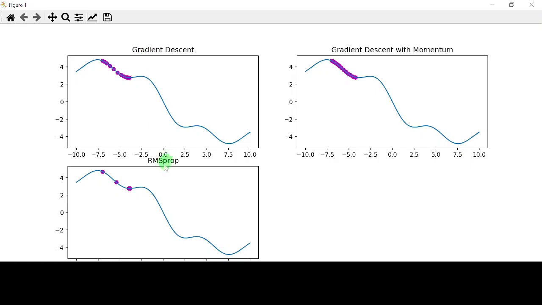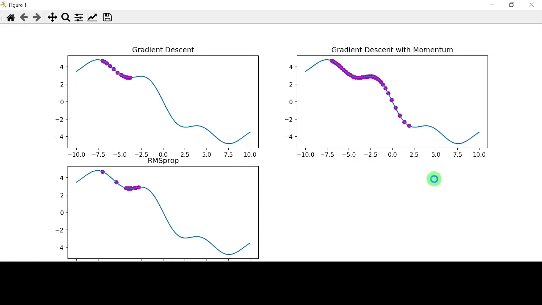Now, gradient descent and RMSprop, they both settle at this point here because the gradient is 0, and RMSprop doesn't have this tendency that gradient descent with momentum does. Does it get over? Yeah, it gets over. So you can see that gradient descent with momentum manages to get over this bump here. And that way it can actually reach a more ideal minimum, which is down here. And I'm sure it would be able to actually reach down here to 7.5.